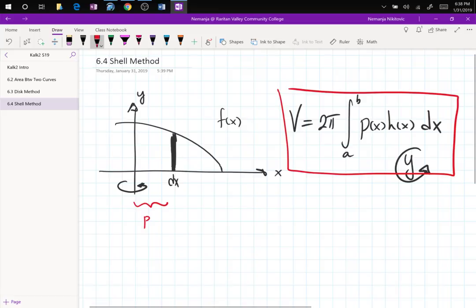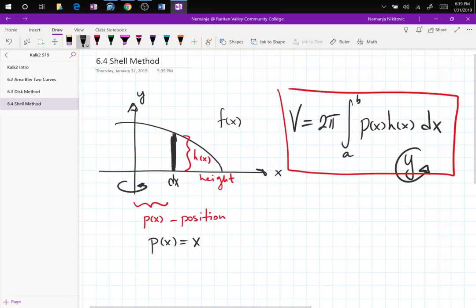P of x is the position, and h of x is the height. So, in my case, right here, the position P of x is equal to x for this simple picture.